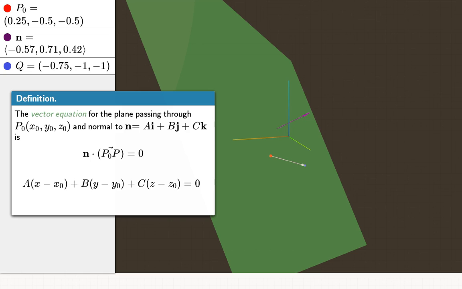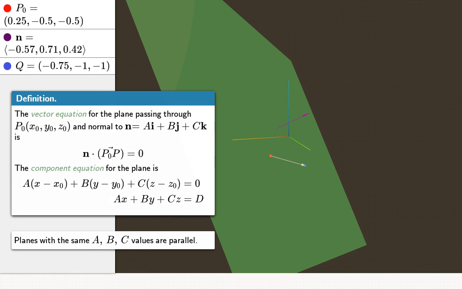And we could also rearrange this to have all the variables on one side and all the constants on the other. We call either of these second forms the component form of the equation. The latter form is very useful because 2 planes with the same a, b, and c coefficients, but different d values, will be parallel.